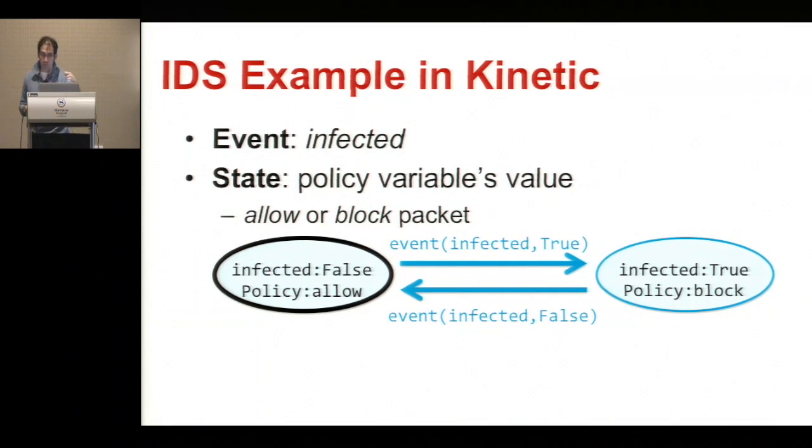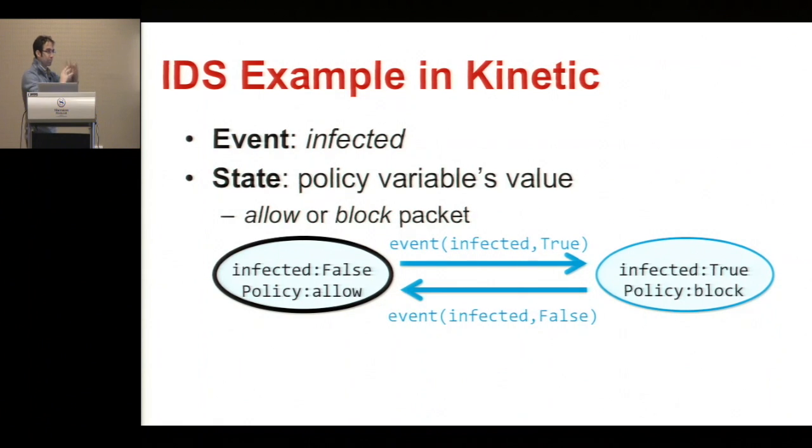In the conventional network that I described, the operator buys an intrusion detection system, drops it in the network, it raises some alerts, that shows up on some console, and now panic ensues, and someone logs into a bunch of routers and switches and tries to make it right. We want to automate that.